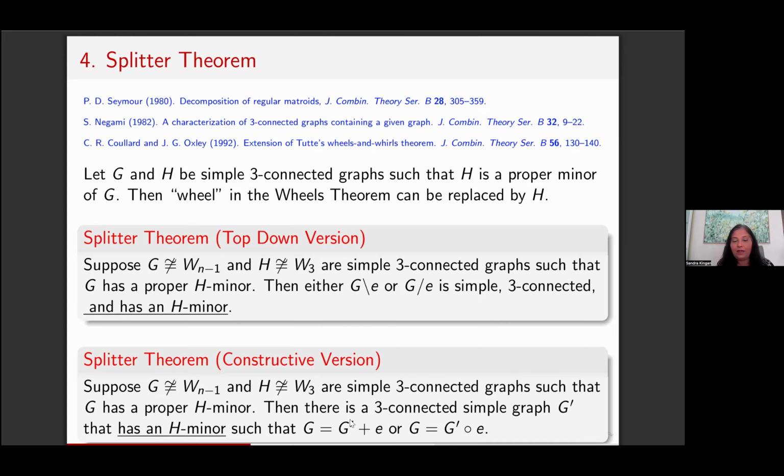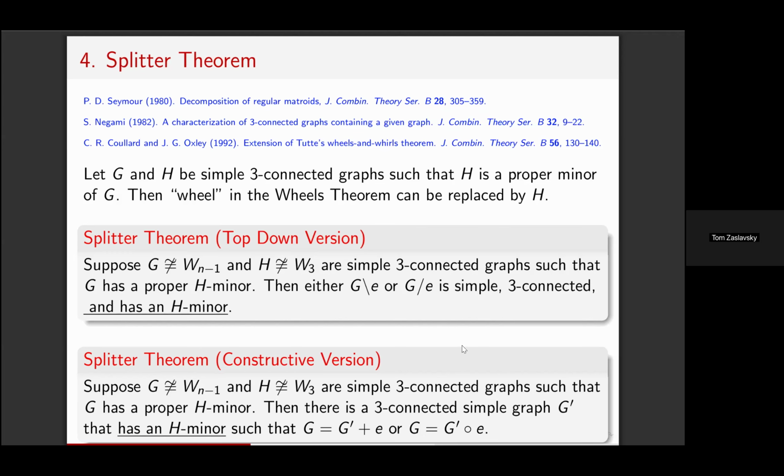If you focus on this line here, then there is a 3-connected simple graph G' that has an H minor such that G is G' plus E, or G is G' split a vertex. So you can obtain G from G' by adding an edge or splitting a vertex.